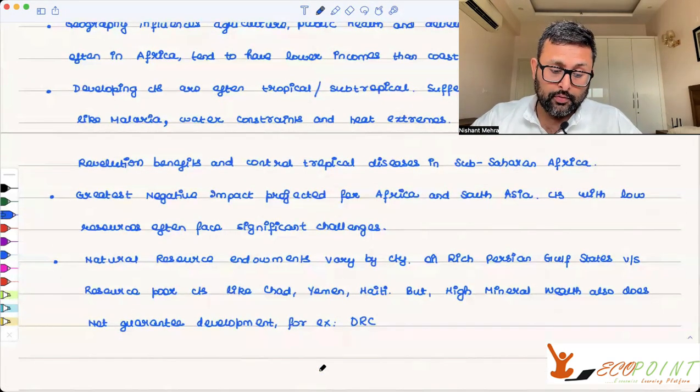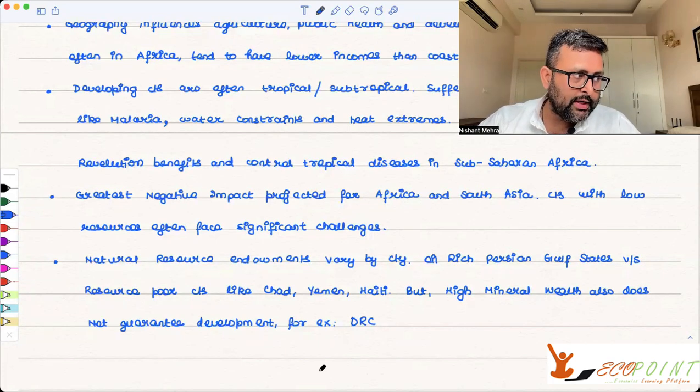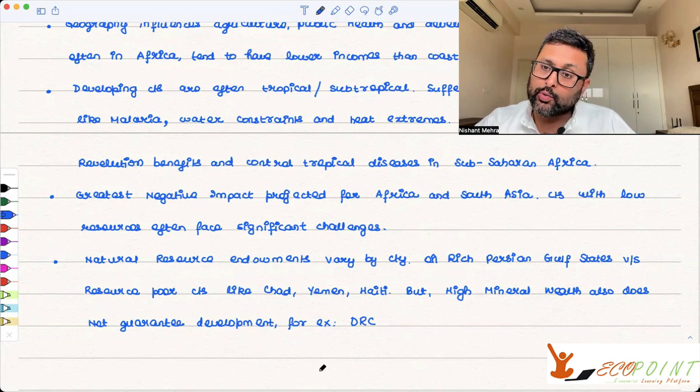And you know what? If the country is very rich in mineral resources, what is also seen is that natural resource wealth can lead to conflict. It can also lead to inequality. It can also lead to undemocratic governance. So in many of the resource-rich countries, you do not have democratic governance.